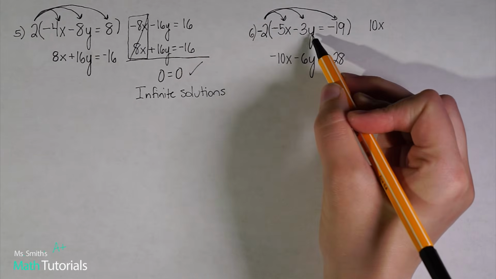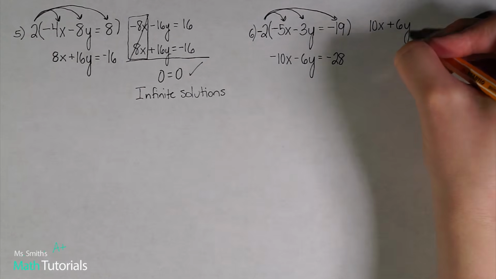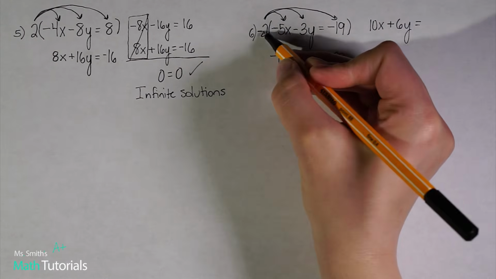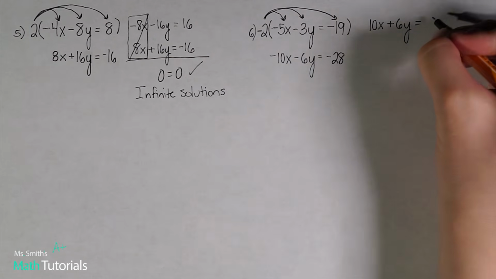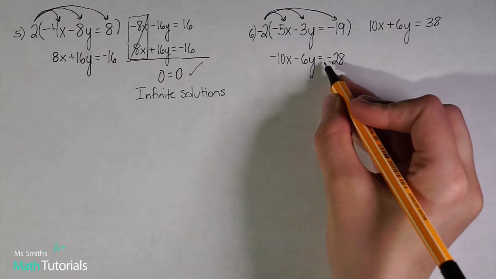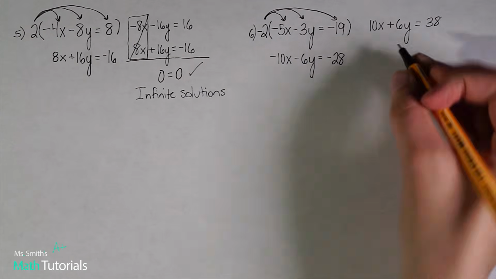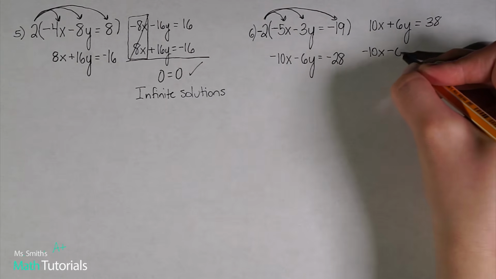Negative 2 times negative 3y, that's going to give me positive 6y. And negative 2 times negative 19, that's going to give me positive 38. I'm going to bring my bottom equation over. I didn't want to change anything in that at all because I was already set up perfectly.